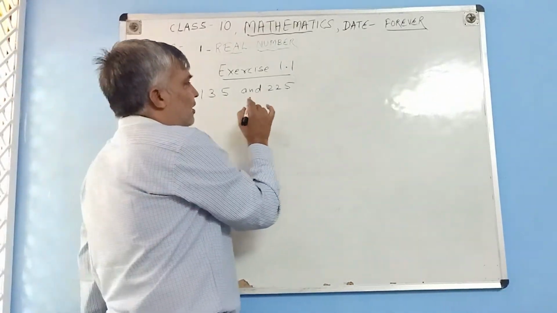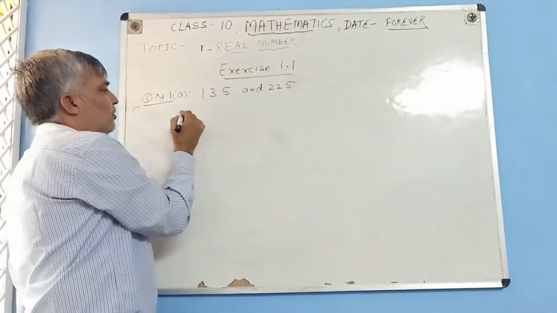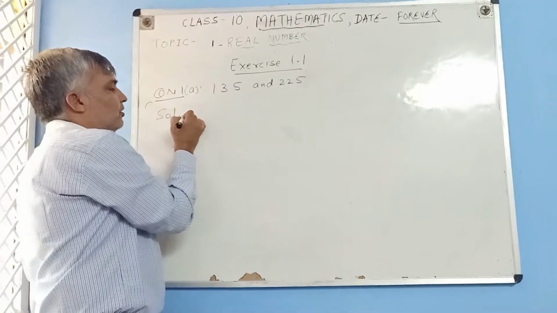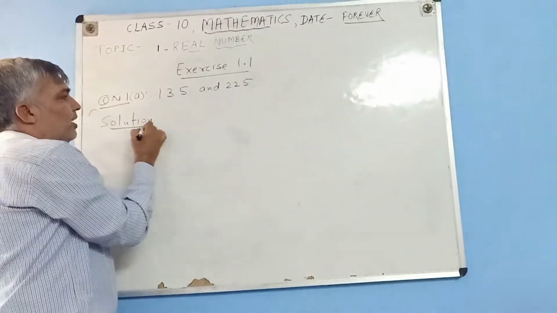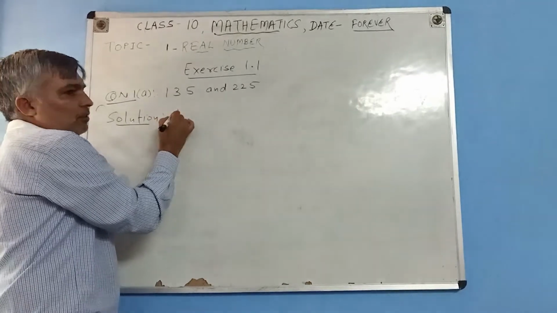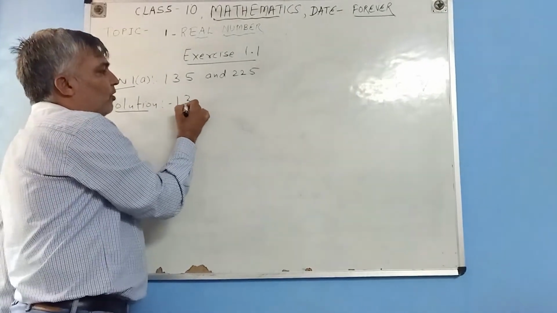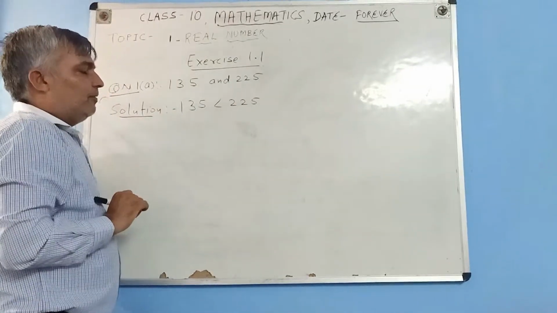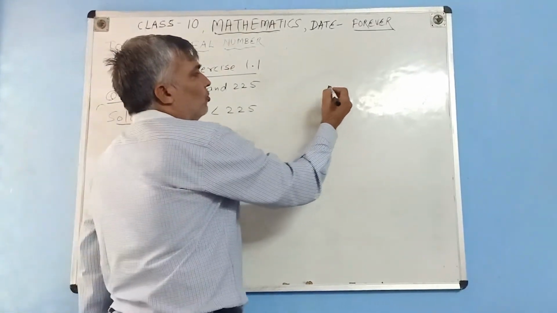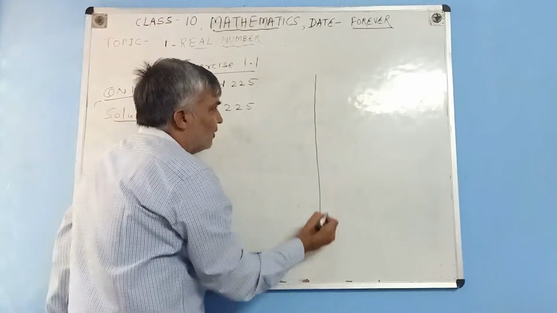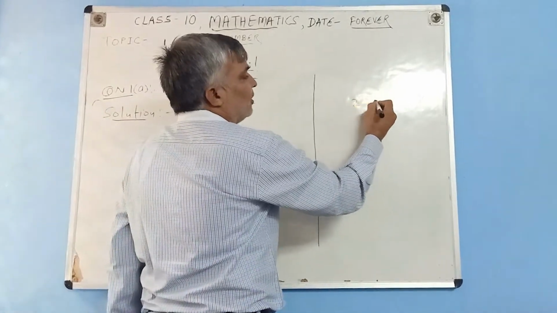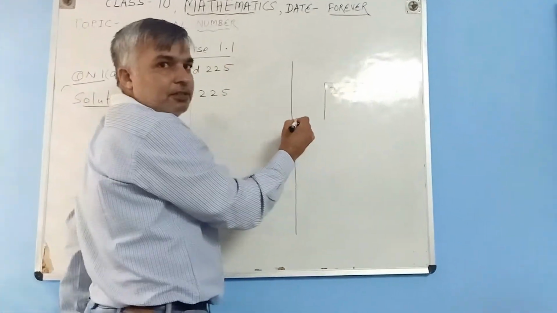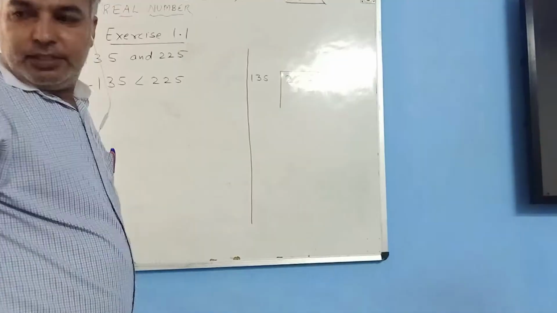Now generally we have to find which number is greater. So for the solution, we have 135 is less than 225, or 225 is greater than 135. So for the sake of convenience, we shall divide 225 by 135.